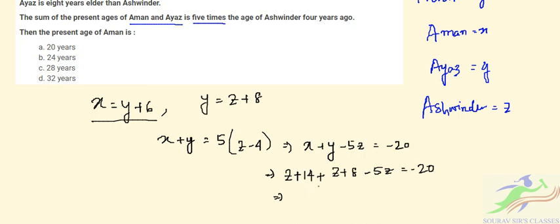So we have 2 over here: minus 3Z minus 42. From here Z is calculated as 14. So the age of Ashwinder is 14 years.